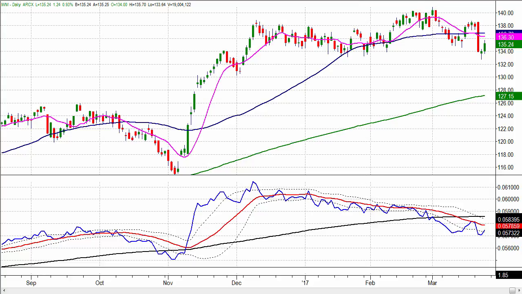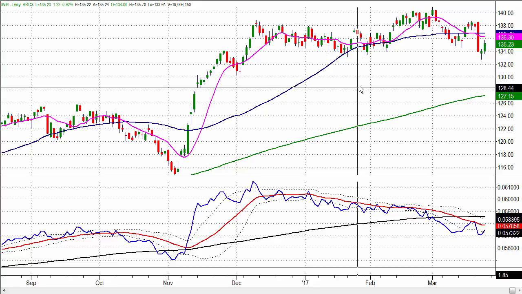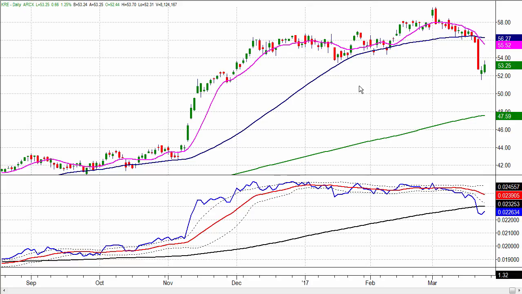Now, let's take a look at the two indexes that Mish highlighted from a phase point of view. In the webinar, the conversation was that KRE is sitting right on the phase. Be very careful if they break the 50-day moving average, because that would represent a phase change, and the first time it's really done that since down here.